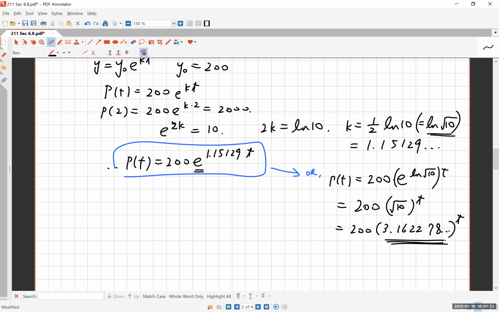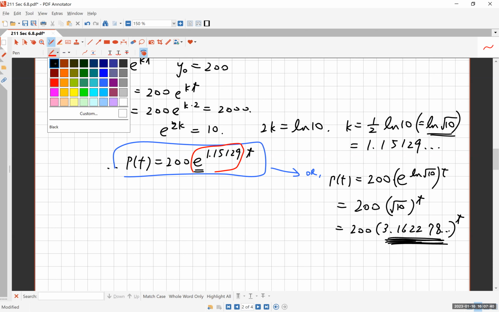Now, this tells you that each hour lapsed, the number of bacteria grows to become about 3 times as much as an hour before. So every hour passed, you will have 3.16 times as many bacteria as an hour ago. That number is actually pretty significant.